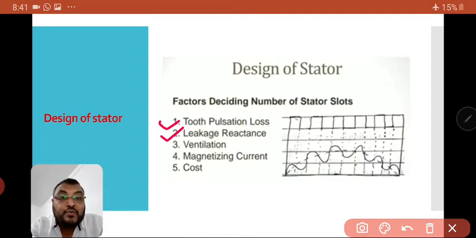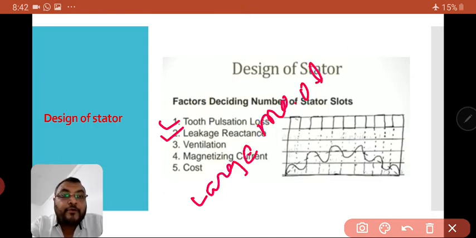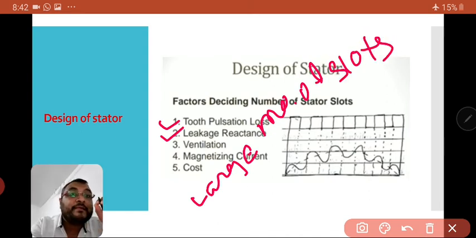So if we use a large number of slots, what advantage do we get? We get a higher overload capacity of the electrical machine.